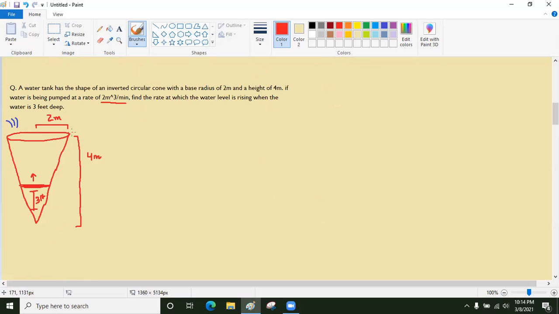And here it's just the volume of a cone which is essentially being filled at a particular rate. So again, you have the volume of the cone changing, so you are given dV over dt, which is in fact 2 meters cubed per minute.